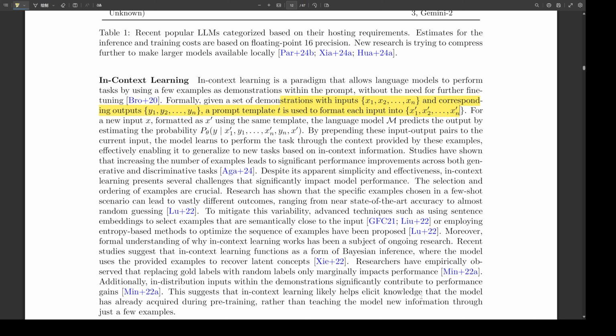So it's like taking that broadly knowledgeable model and giving it some specialized training. Exactly. And one particular type of fine-tuning that's become really important is instruction tuning. Here, the idea is to train the model on a wide variety of tasks, all framed as instructions. This helps the model learn to understand and follow instructions in general, which makes it much more adaptable to new tasks. So it's like teaching the model to be a good student, to learn how to learn. That's a good way to put it.